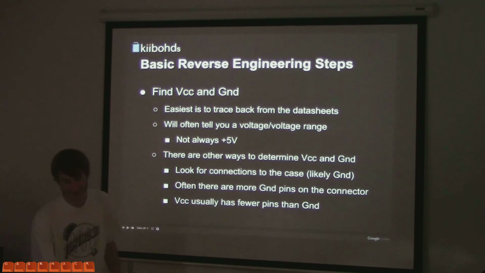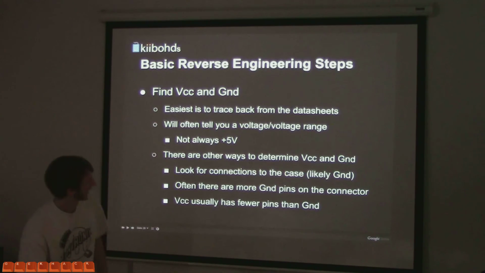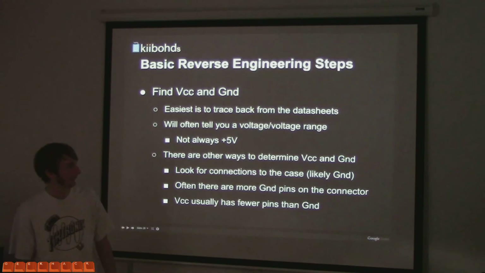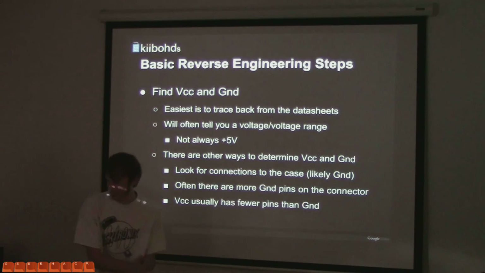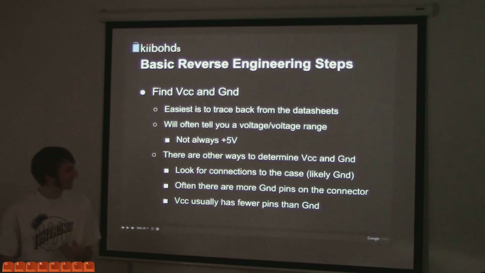There are other ways to find VCC and ground. These take experience, but basically you can look at things like, is the pin connected to the case? It's probably not power. They don't want to electrocute you, probably. So that is likely a ground instead of a VCC. Things like that.